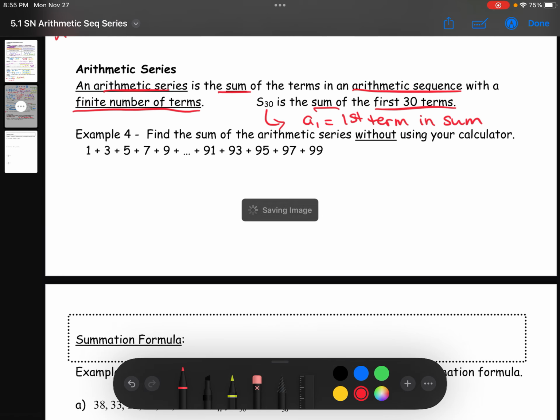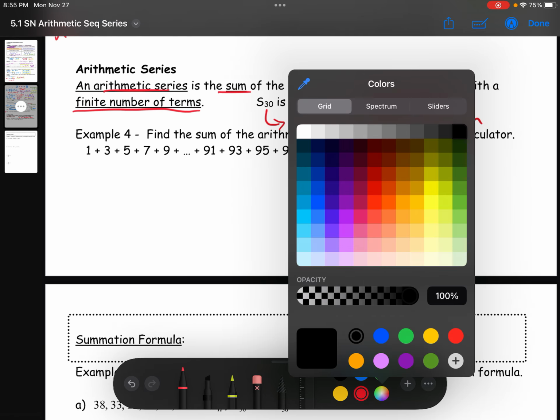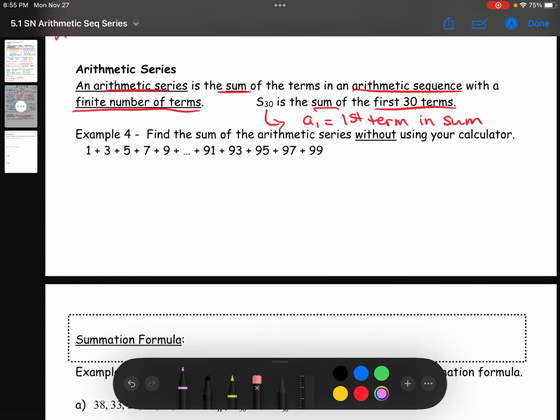Okay, so in example 4, we want to find the sum of the values 1, 3, 5, 7, 9 up to 95, 97, 99, and we want to do this without using our calculator. The ellipsis here in the middle means that pattern continues. So we're not just adding up these 8 numbers, we're adding up all of those numbers that would fit that pattern in between.